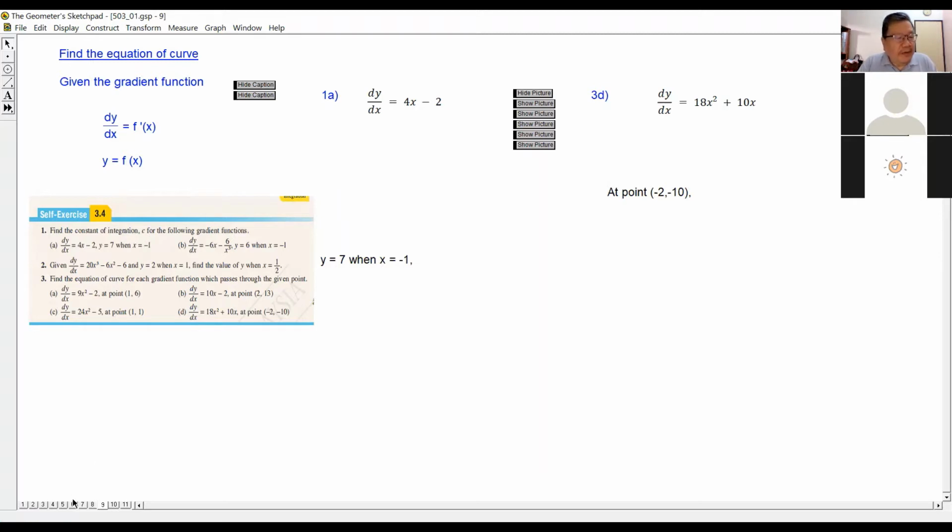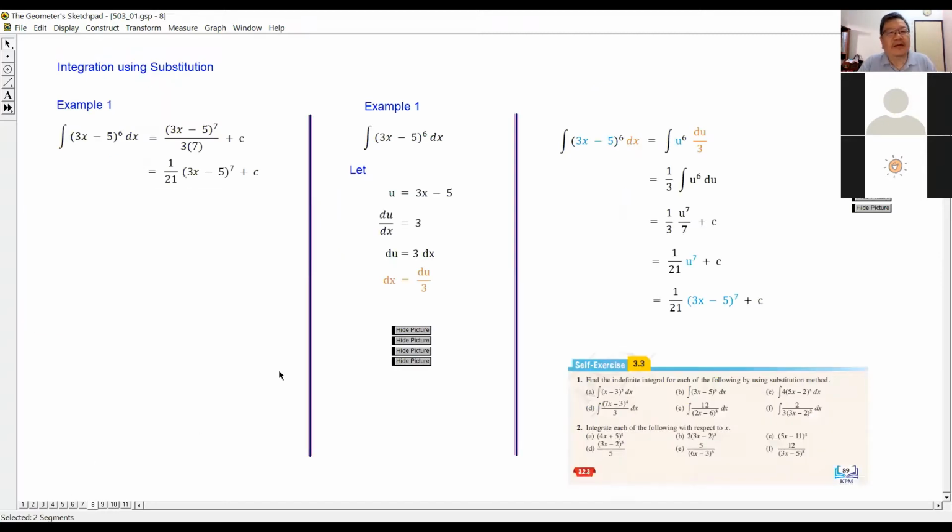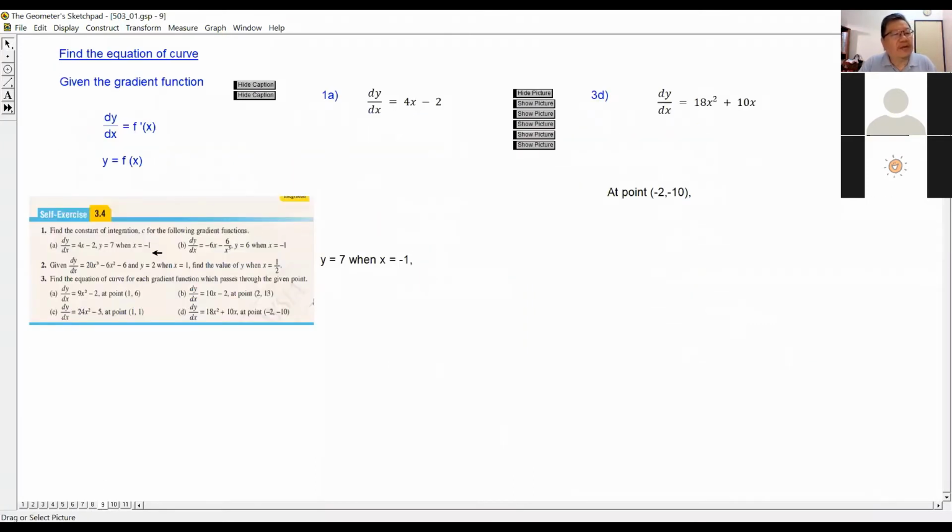If you remember, whenever we integrate any function, an indefinite integral, you will always get a c, right?